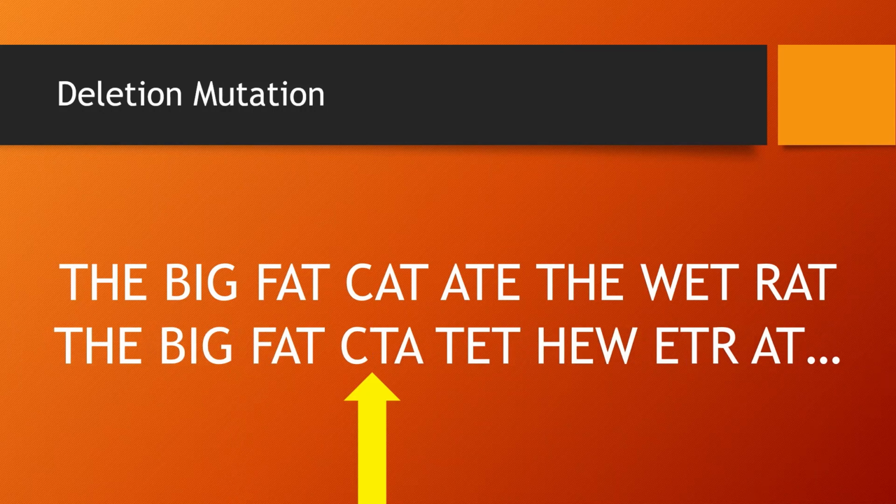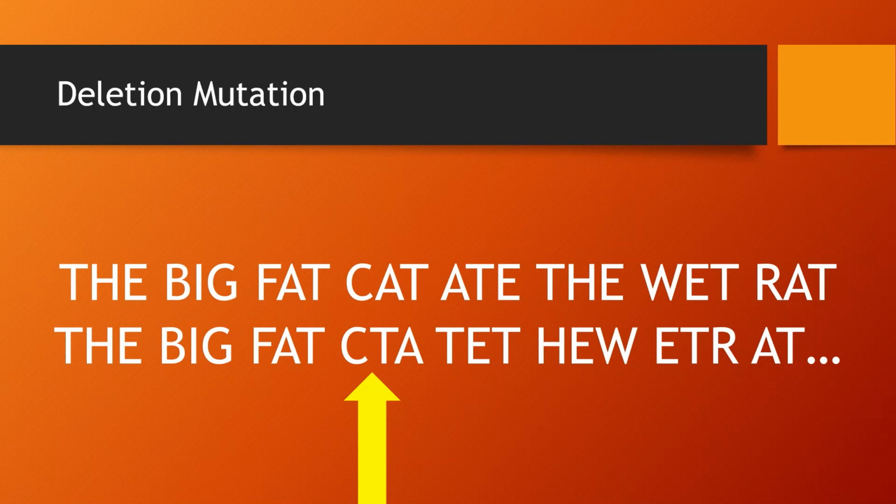Deletion mutation is the other kind of frameshift mutation. Instead of an insertion, the frame, or again that set of three, is shifted towards the left this time. Here the A in cat was deleted, so the A of the word ate was brought over to be part of CTA. And then we have a sentence that's all crazy messed up.